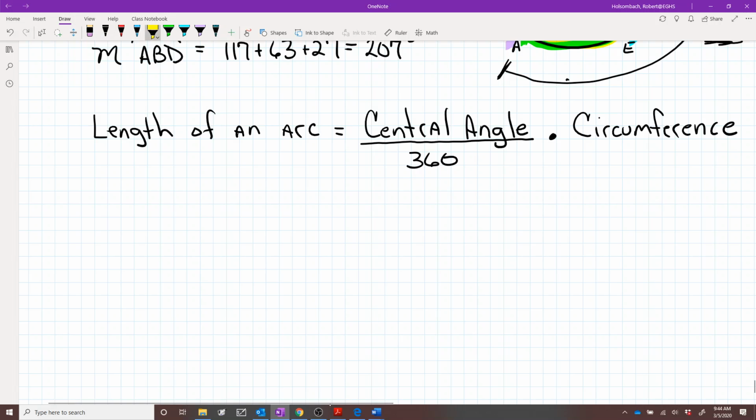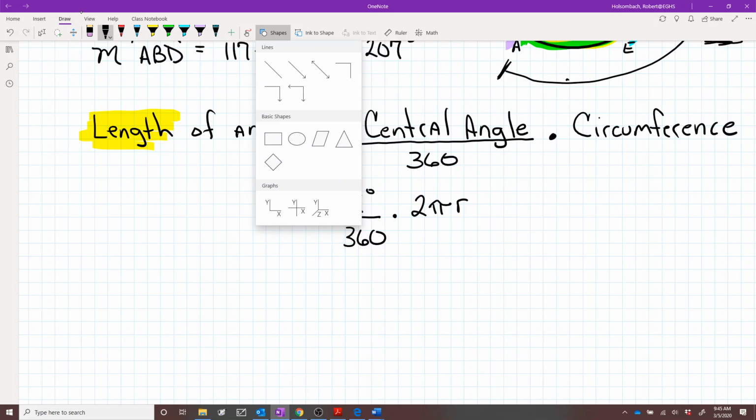This is different now. This is length of an arc. So we're going to clean this up a little bit. The length of an arc is equal to x degrees divided by 360 times 2 pi r. And this diagram goes with that formula.